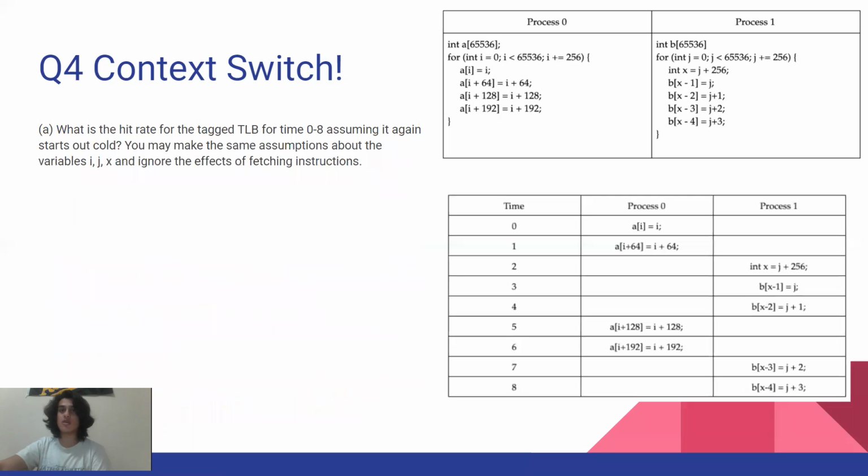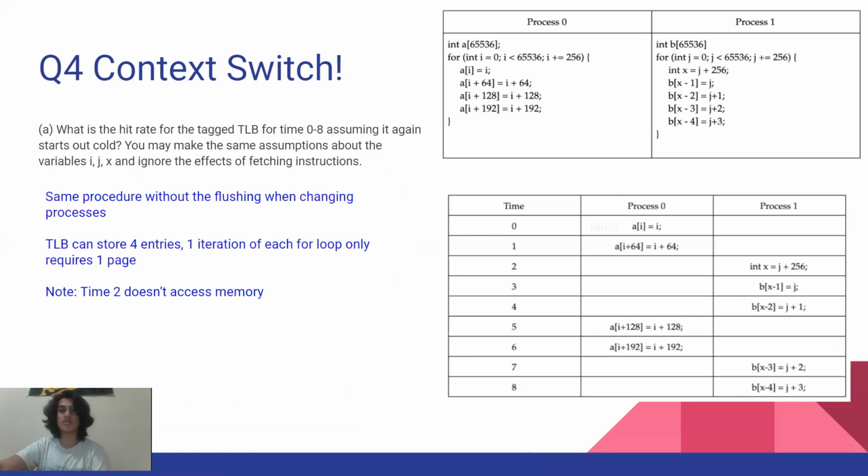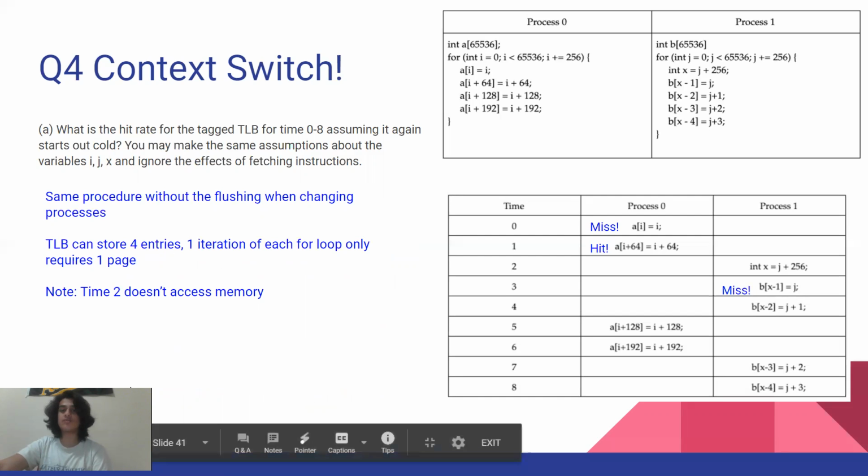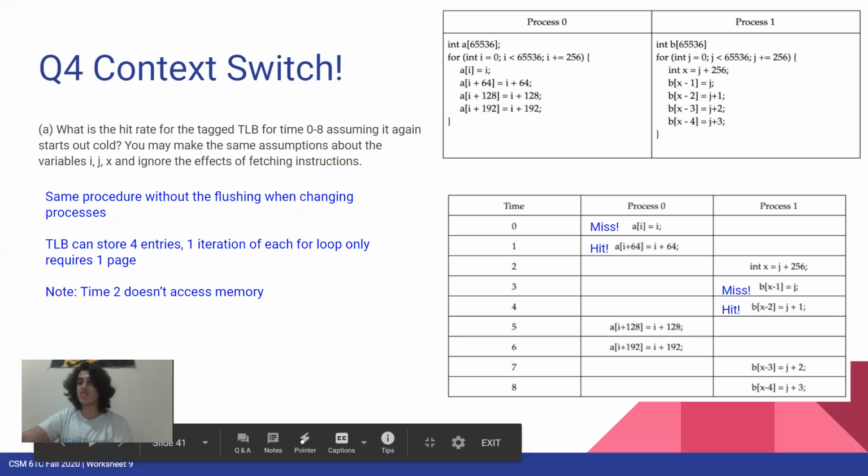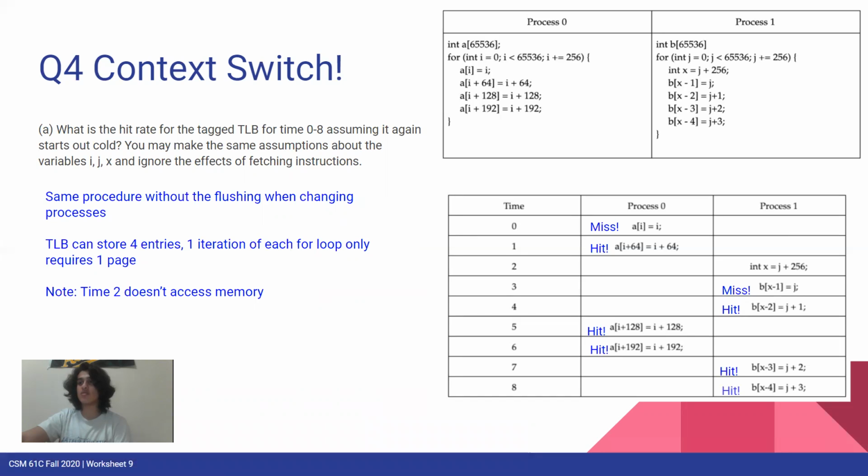So let's walk through it. Same procedure here. Our first one is a miss, of course, and our next one is a hit. Now we switch processes, but we don't have to flush our TLB. So we have a hit, a hit, a hit, a hit. Our only miss is when we switch processes and we go through a different loop.